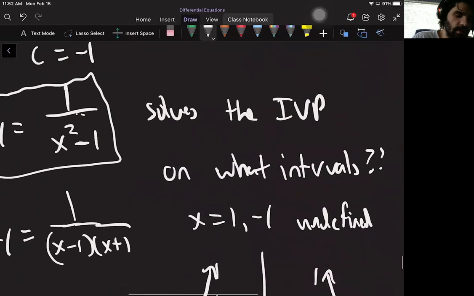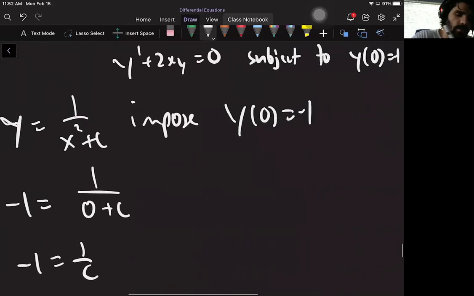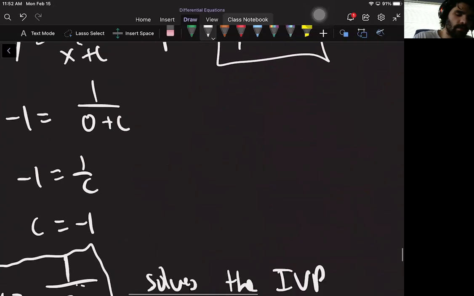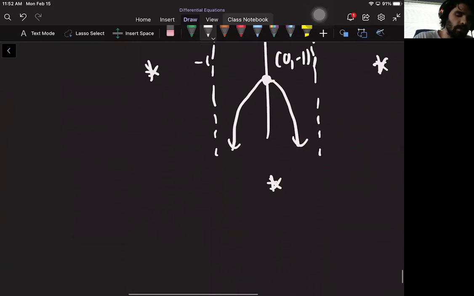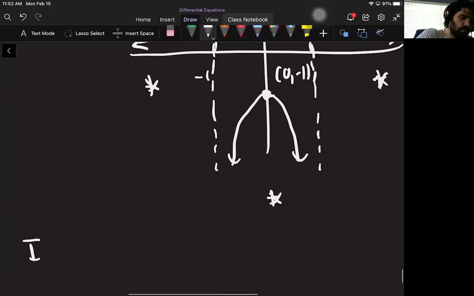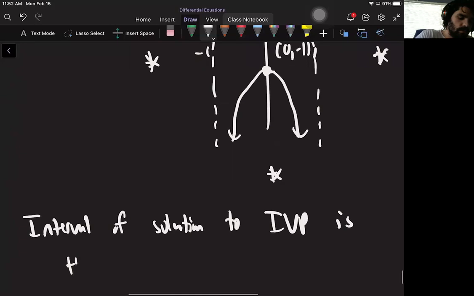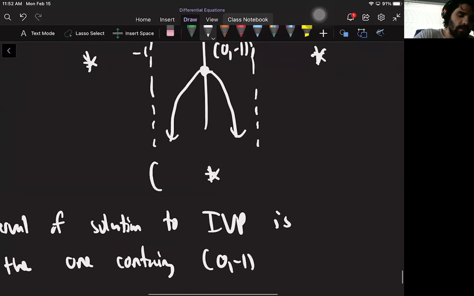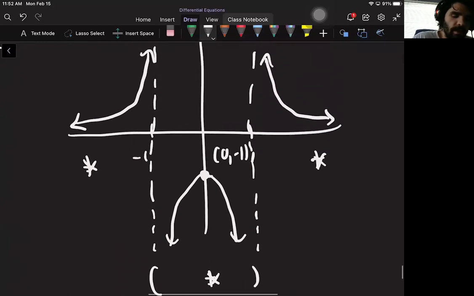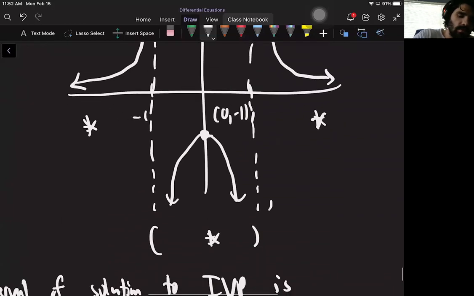But I need my solution to go through the point 0, -1. So the interval of solution to the initial value problem is the one containing 0, -1. So it's really just this interval from here to here, because I can't jump over this break at 1 or this break at -1.